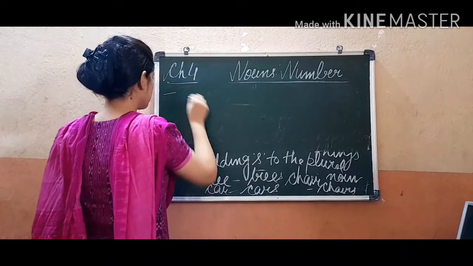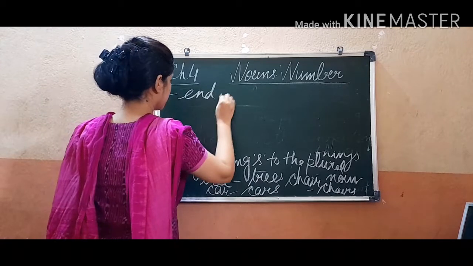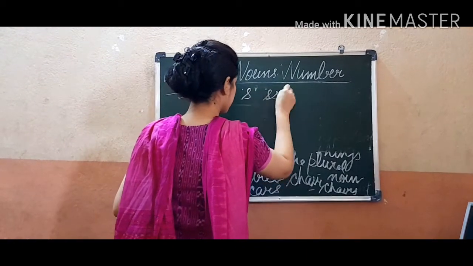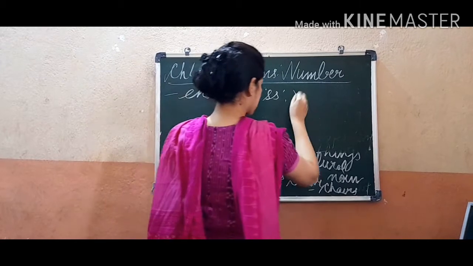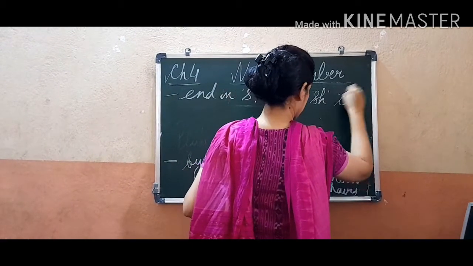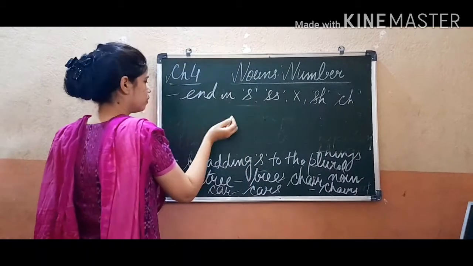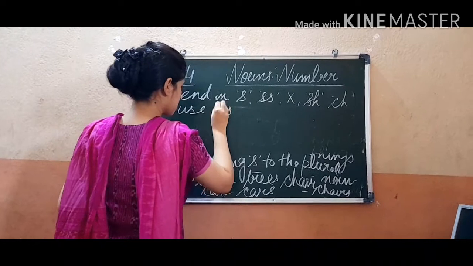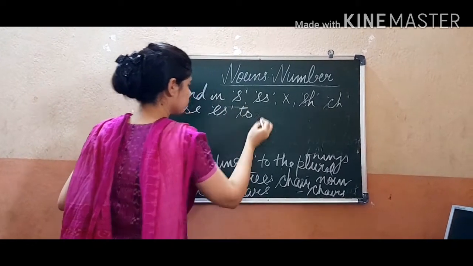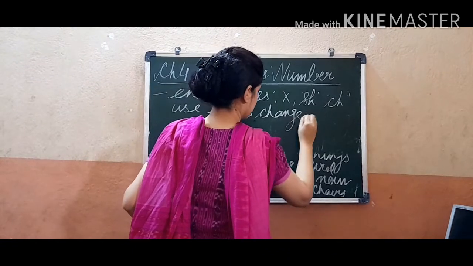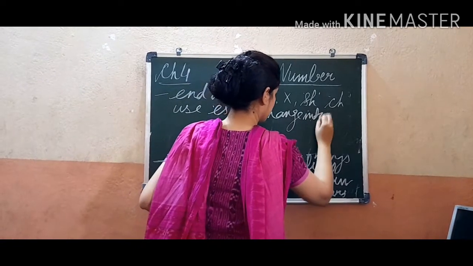When a noun ends in s, ss, x, sh, ch, we just use es to change into plural.